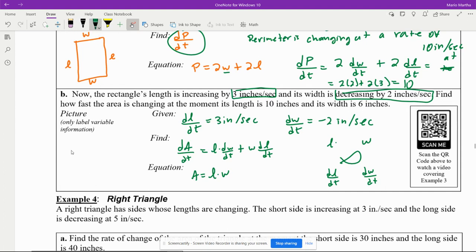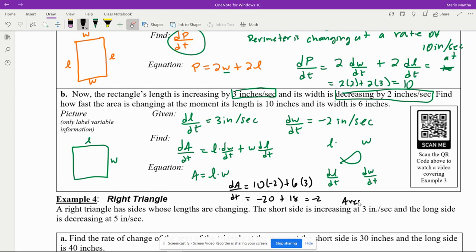So dA over dt equals L, which is 10, times dw over dt, which is -2, plus the width, which is 6 at this moment, times dl over dt, which is +3. So here we have -20 plus 18, which equals -2.